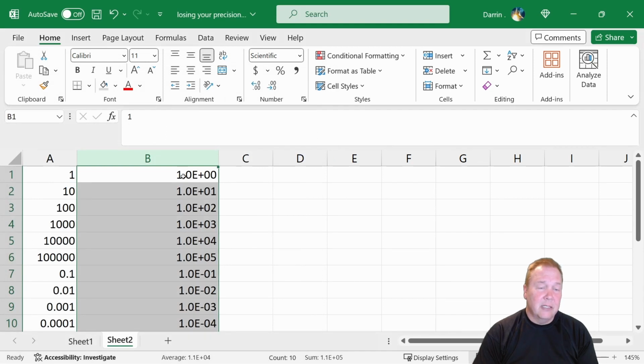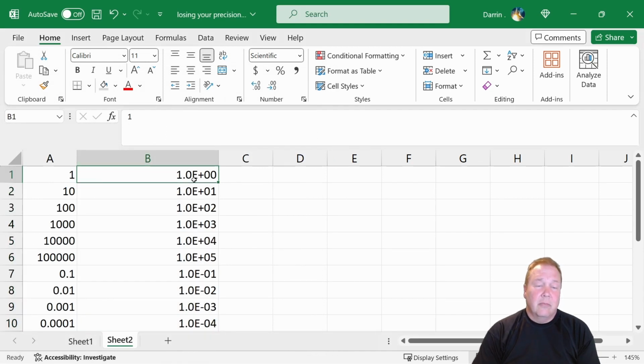And what this means is the part to the left is always your first digit. So it's first digit, point, the rest of your digits. And then you have E plus 00 in this case, which means you don't move the decimal. 10 is 1.0 E plus 01.